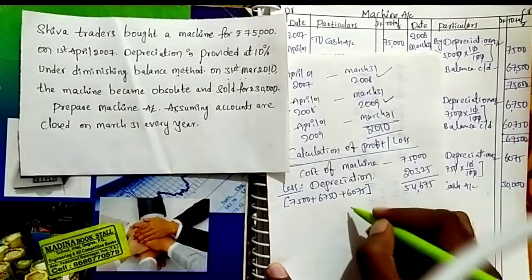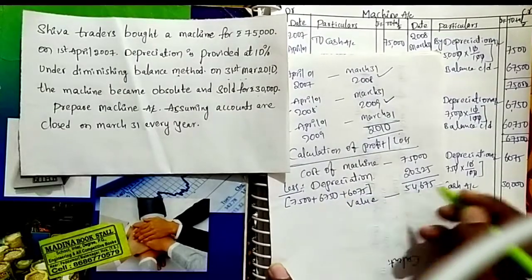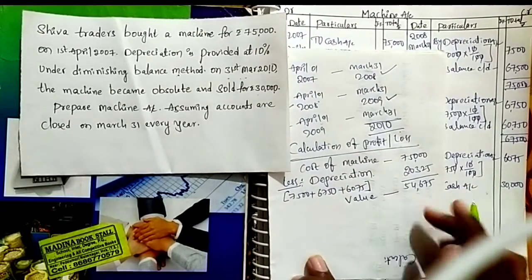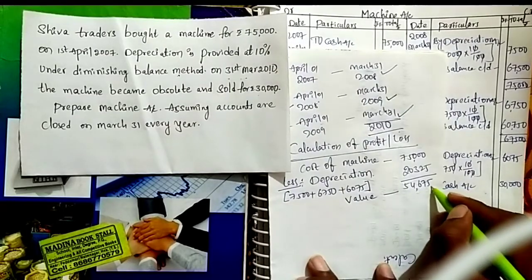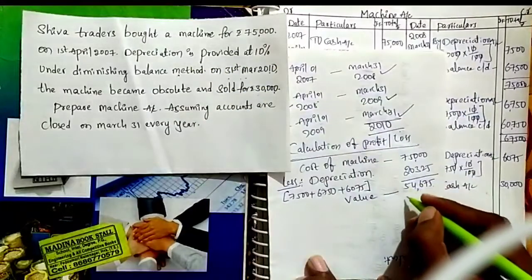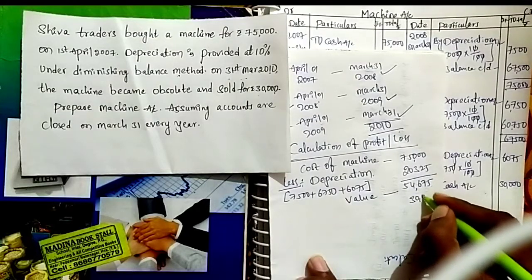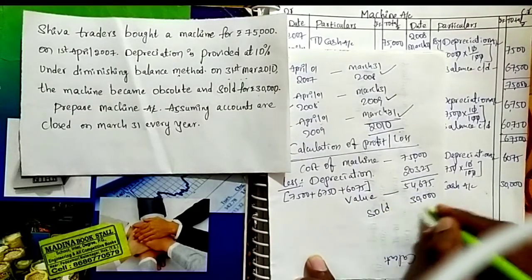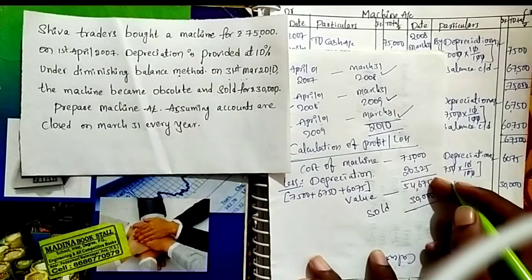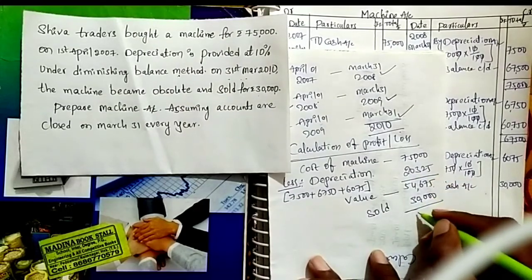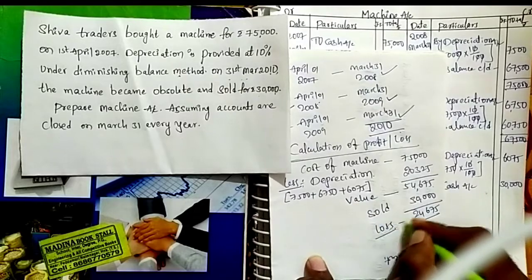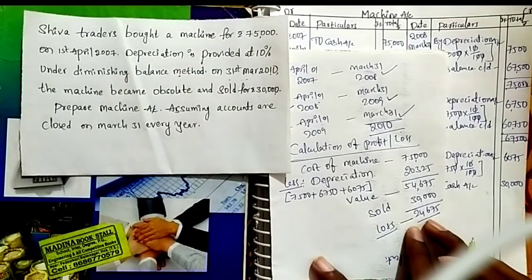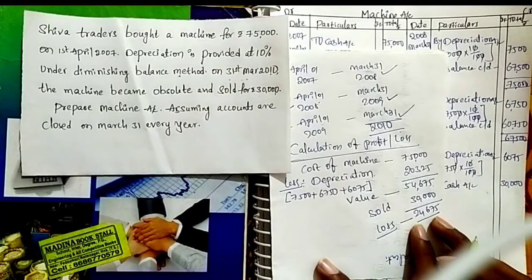So this is the value at the end of the third year. The value is 54,675, but Shiva Traders sold at 30,000, meaning the sale value is less than the actual value, so the remaining value is automatically treated as loss. See this, the remaining 24,675 is a loss.